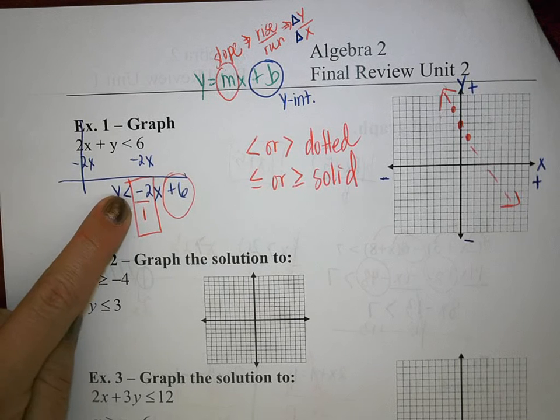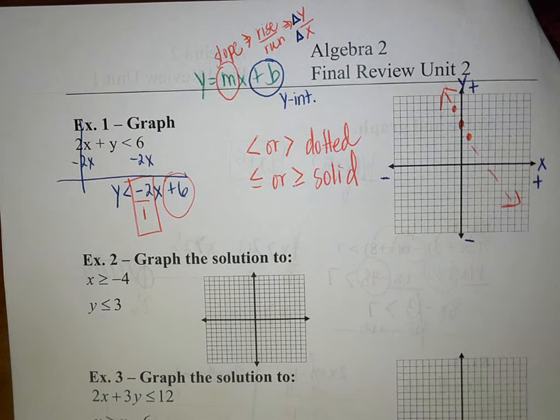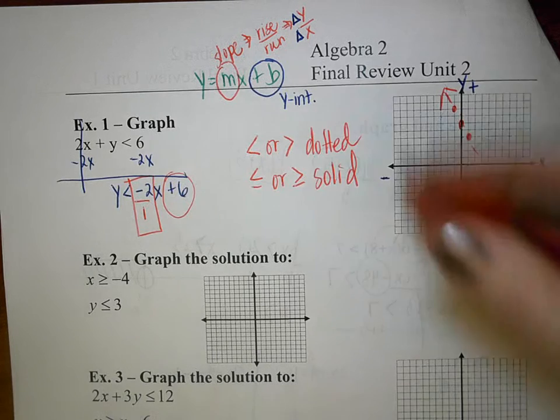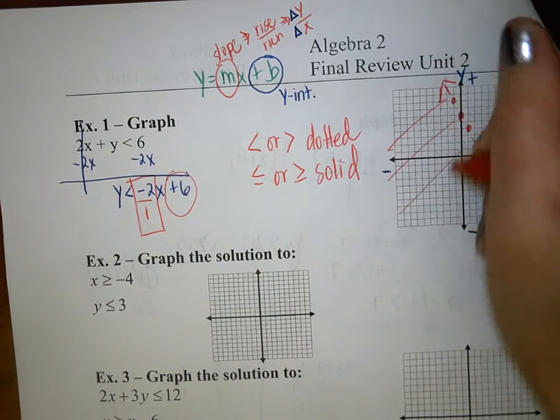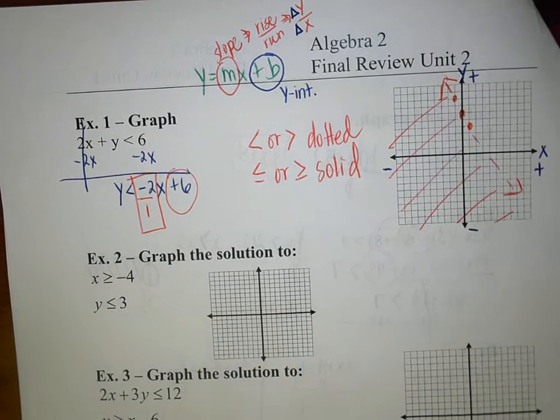Since this is saying less than, which way will we shade? Below the line. So you can think of it as left, down, below is less than. And that's it. Are we good? Yes? Okay, example 2.